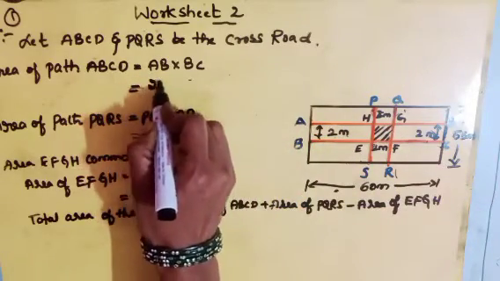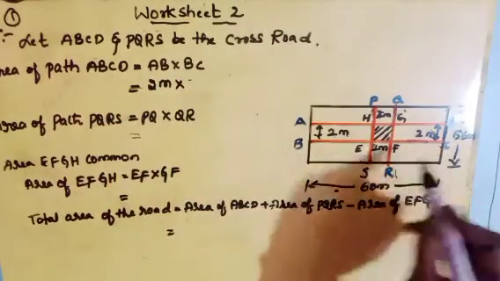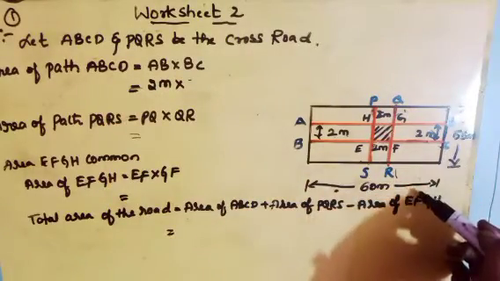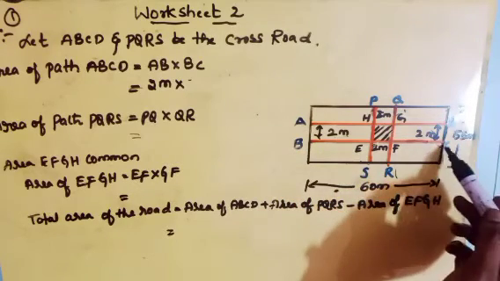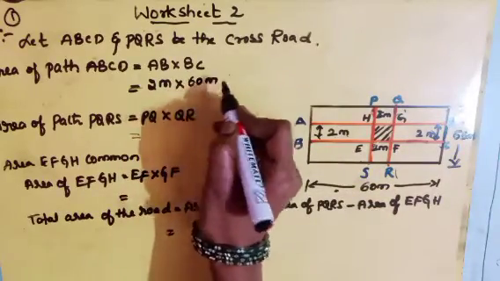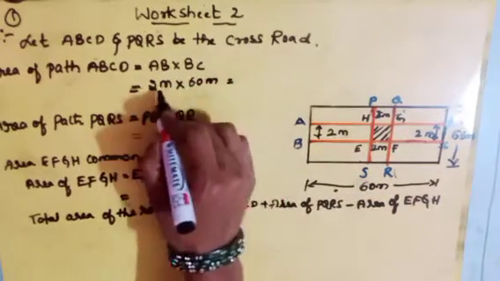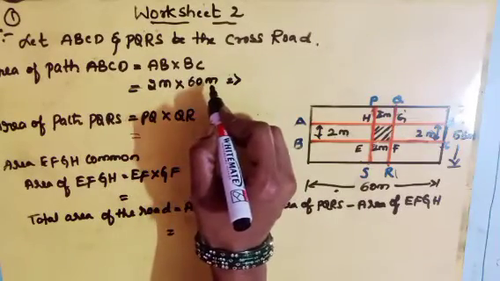BC is parallel to the length, which is 60 meter. So BC is 60 meter. Let us multiply 2 meter into 60 meter, and we get 120 meter square.